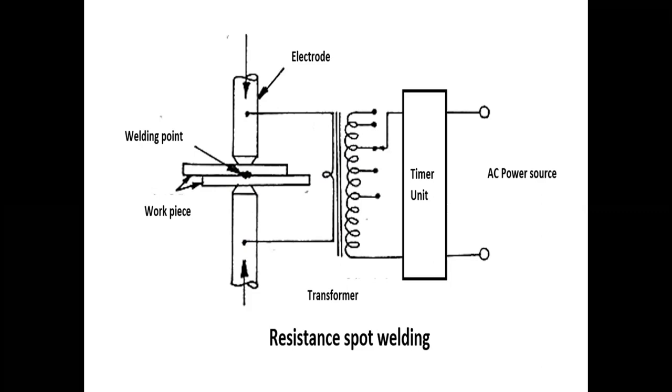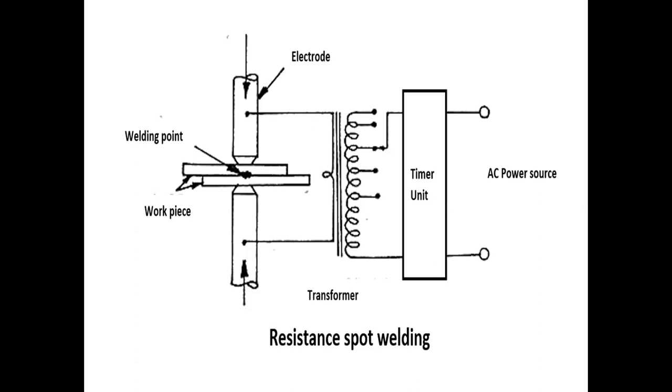But whenever we place a plate of iron or some alloy whose resistance is high, the current flows through the pin point, a spot is created, and through the spot current flows from one electrode to the other.